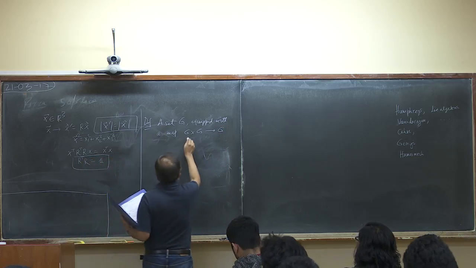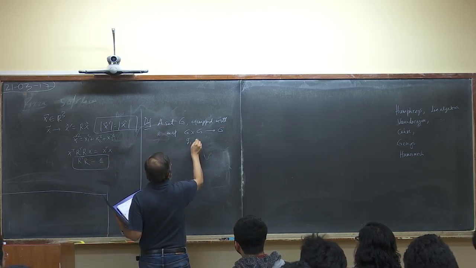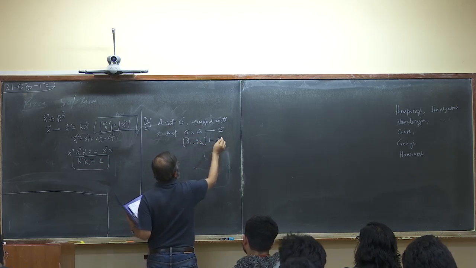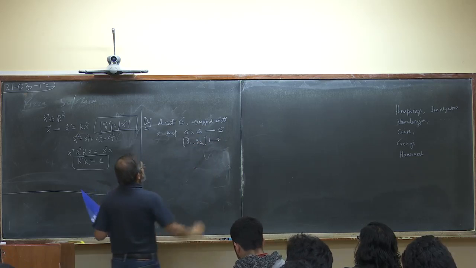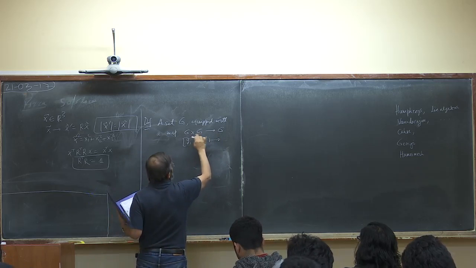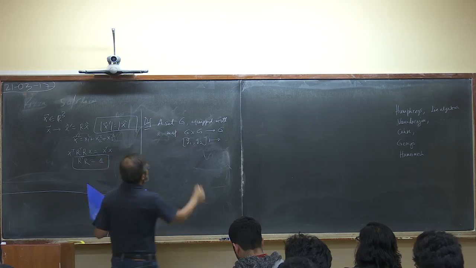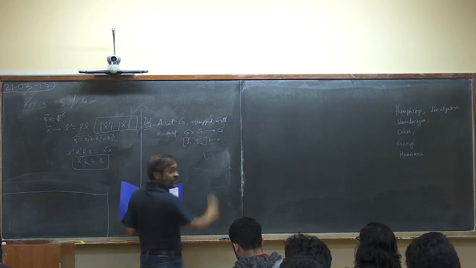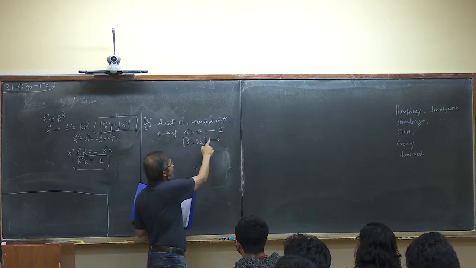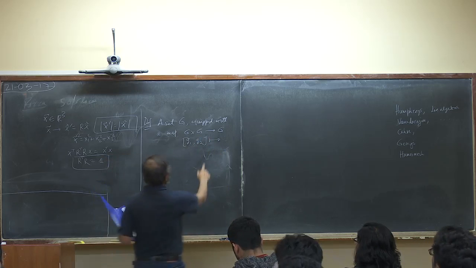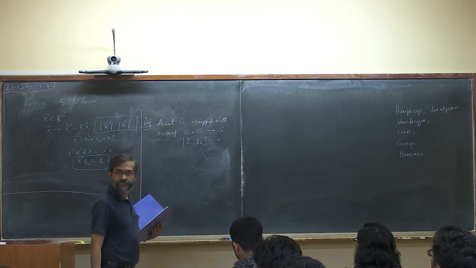So I'll use maps between sets as a single arrow like that, and maps between elements as an arrow with a cut like this.